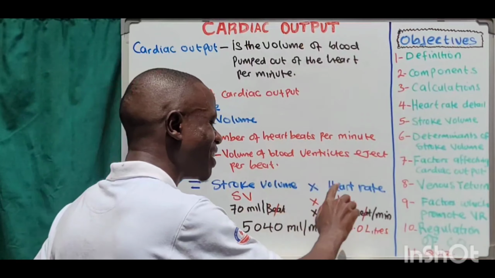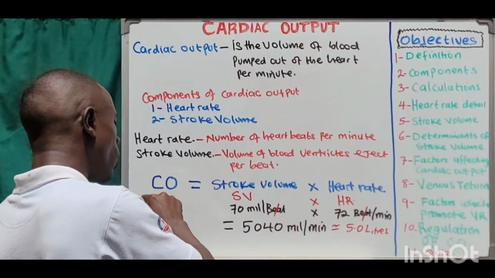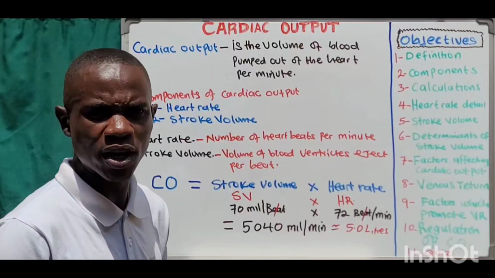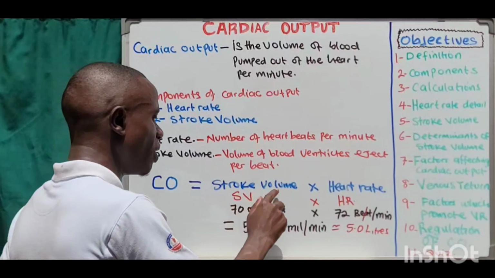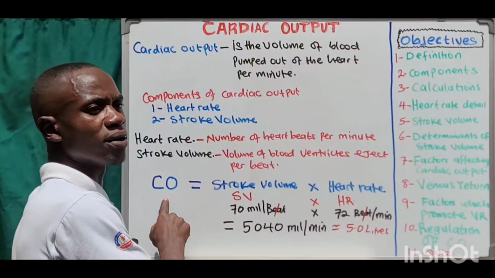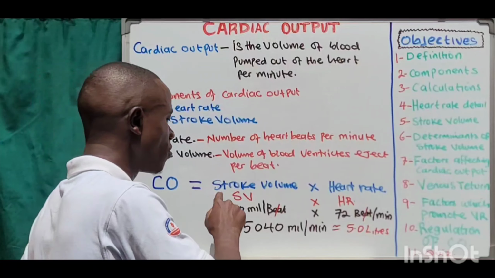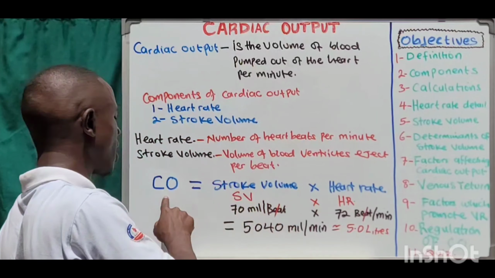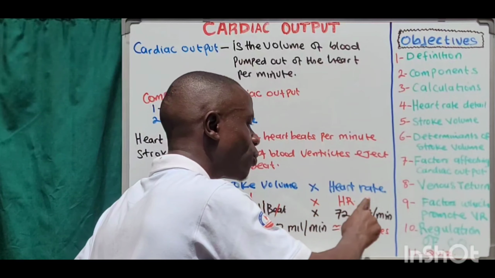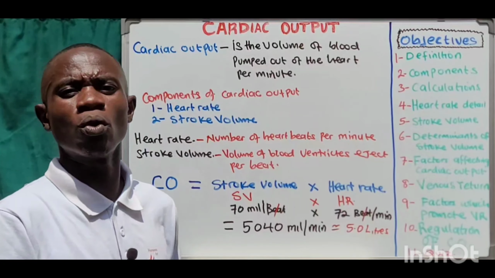If stroke volume increases, cardiac output will increase. If heart rate increases, cardiac output will also increase. If stroke volume decreases, cardiac output will decrease, and if heart rate decreases, cardiac output will also decrease.